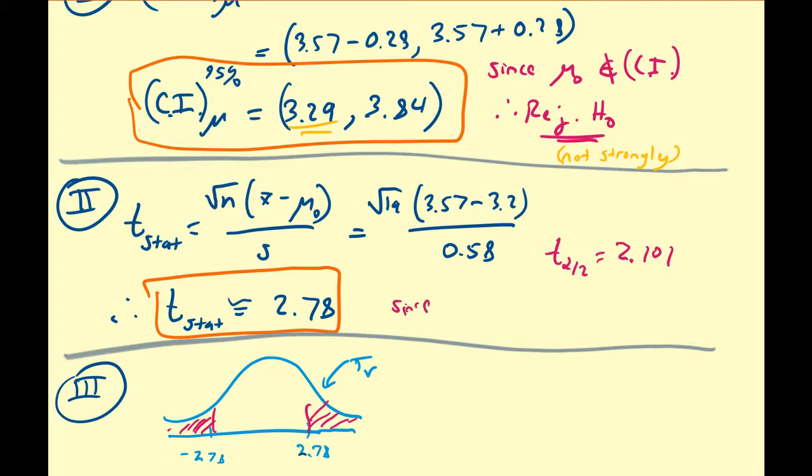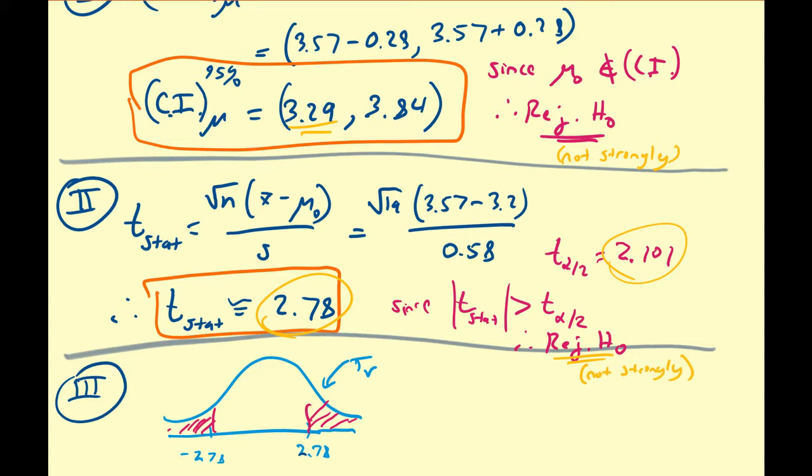Since the test statistic is bigger than the critical value t alpha over 2, that means we're going to reject the null hypothesis. But again, if you look at 2.78 and 2.101, they are close. So even though we are rejecting the null hypothesis, it's not really a strong rejection.